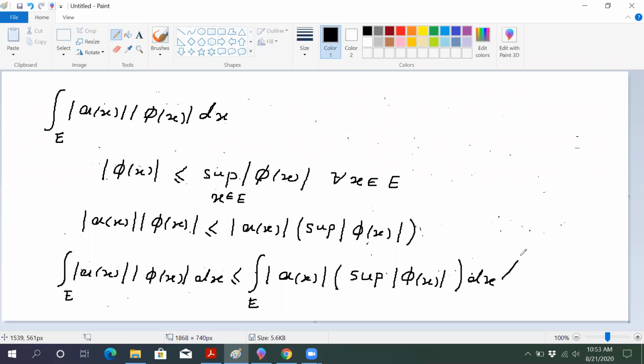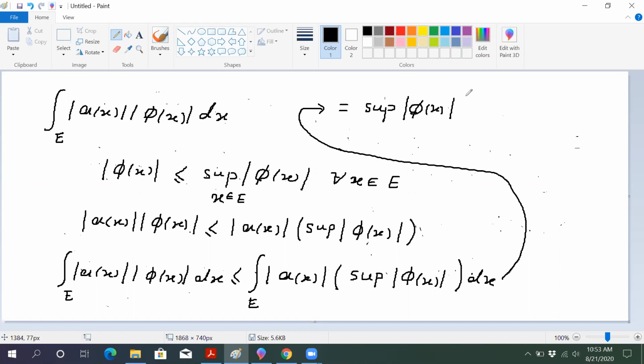If you want me to write it down, you just come here. So then we get the sup of the absolute value of phi(x) times the integral of the absolute value of a(x) on E dx. Okay, so you get this.